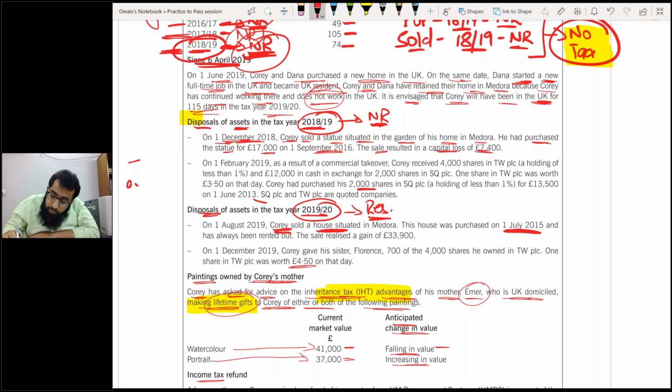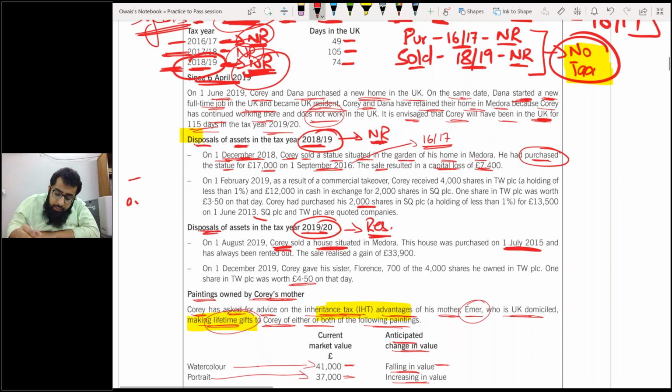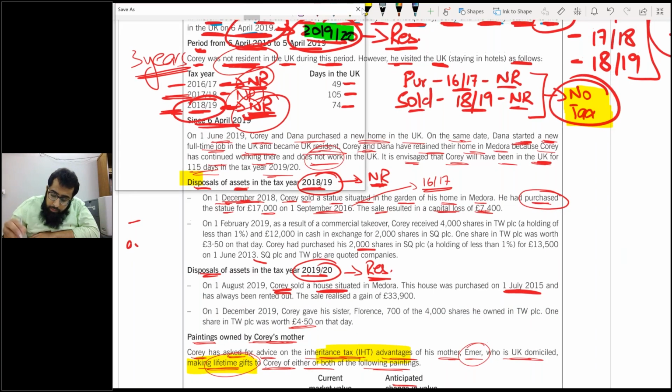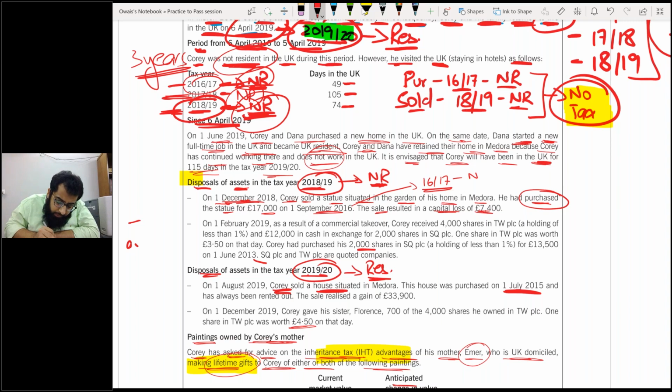Now, it was purchased in September 16, which means it was purchased in 16-17. Now in 16-17 also he was non-resident, and he sold it in December 18, which is 18-19.